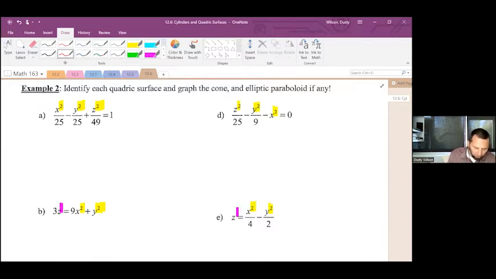In B, sort of using process of elimination, we are of the form z over c equals x squared over a squared plus y squared over b squared. What I'm focusing in on is that plus. This tells me that what we have is an elliptic paraboloid.